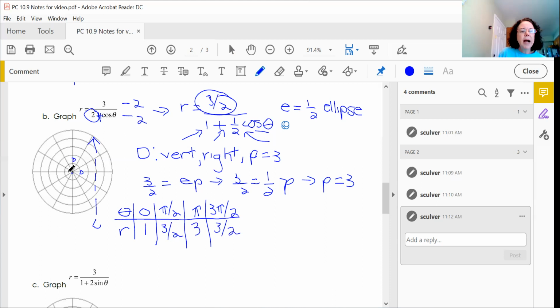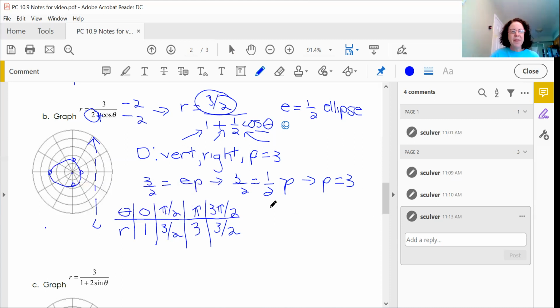So I'll rotate pi and go out 3. 1, 2, 3. There we go. And 3 pi over 2, I'll rotate 3 pi over 2 and go 3/2. And here is my ellipse. There we go. Isn't it fun?